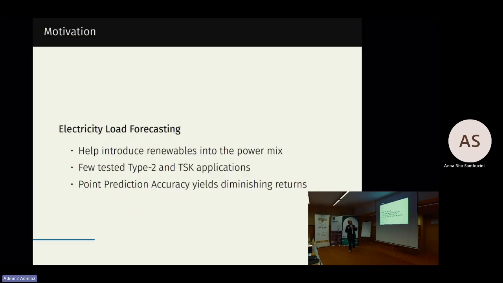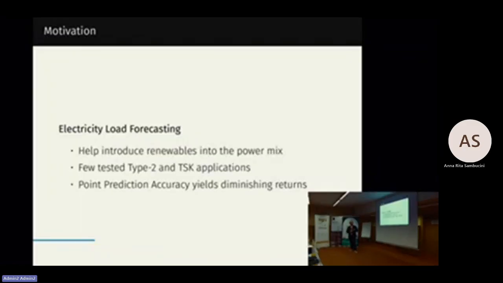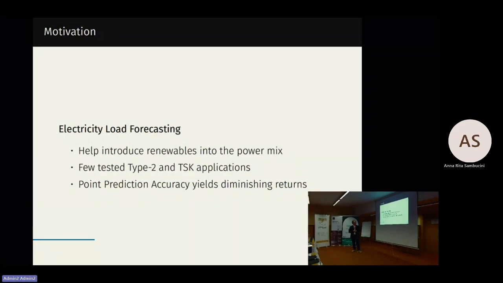So what is my motivation in this? I worked for the past few years with these energy dispatchers, and tried to help them understand the impact of renewable energy sources for their grid, and how to introduce them better into the power mix. Then further, we investigated what kind of methods we could employ to better integrate this uncertainty.